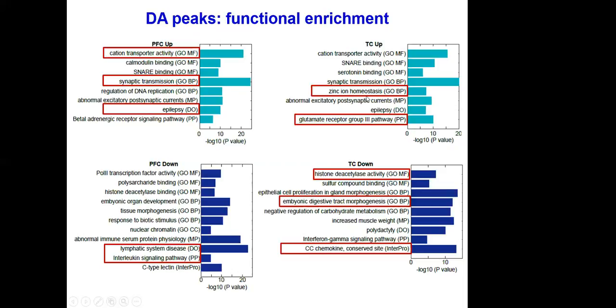Zinc ion homeostasis, that's kind of interesting, but there are some mouse models of zinc homeostasis genes that appear to have something to do with autism. But if you look at the down-regulated loci, right, the loci that have lower acetylation in autism, those are pretty interesting.